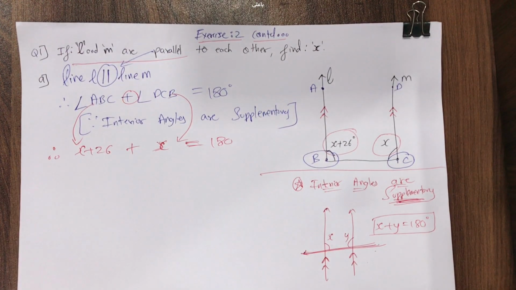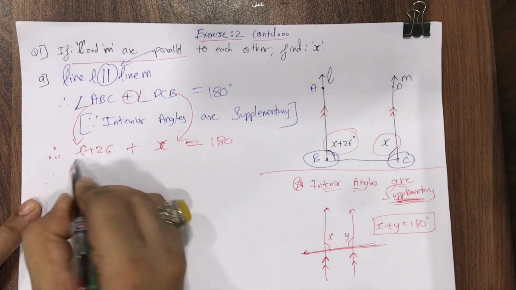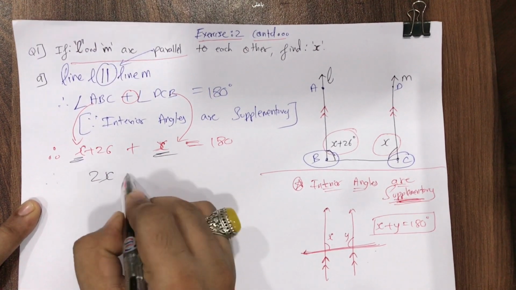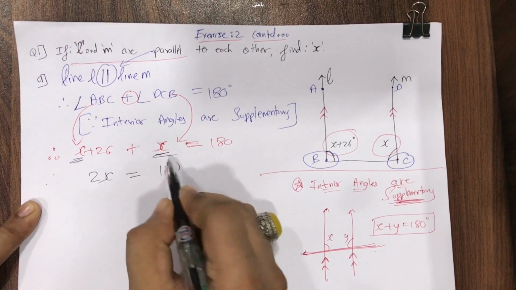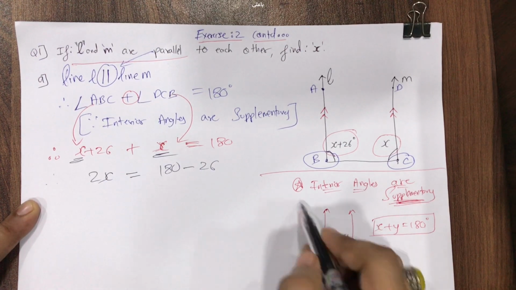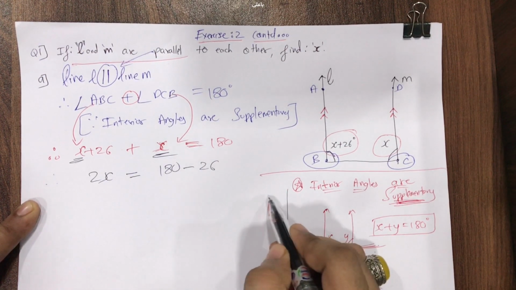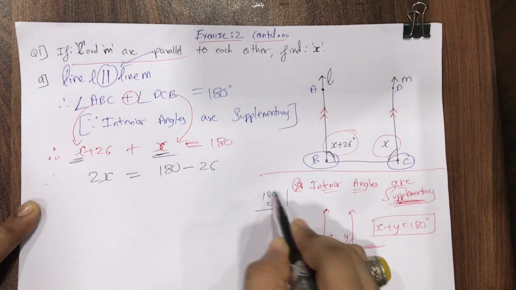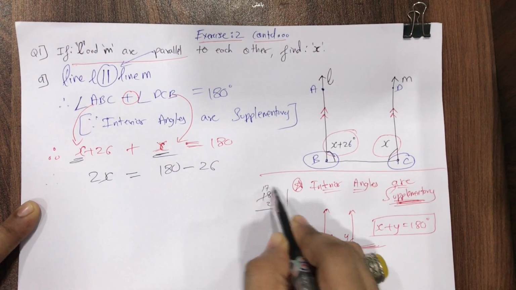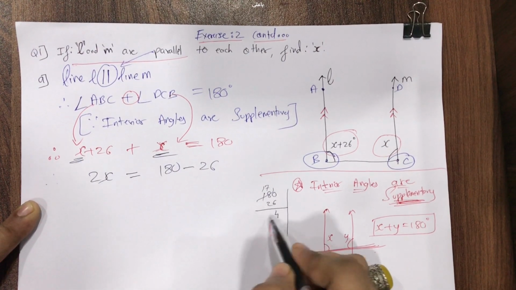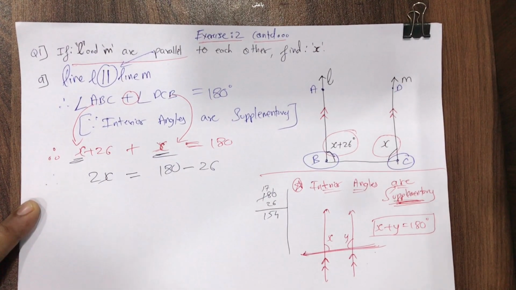Okay, now therefore x plus x becomes 2x is equal to 180. This 26 goes on the right hand side, becomes minus 26. In the rough part we can do the calculation. 180 minus 26. If from 18 I make it 17, this becomes 10. 10 minus 6 becomes 4. 17 minus 2 becomes 15. 154.